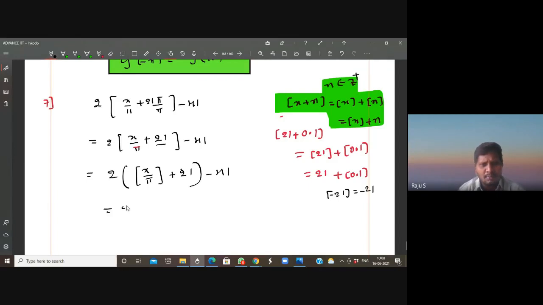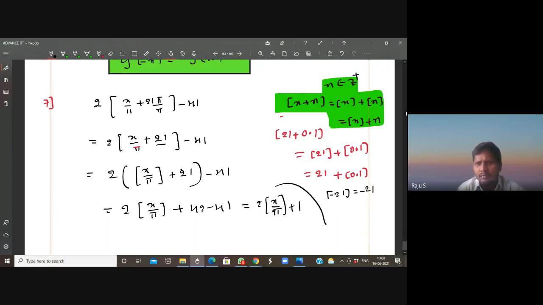So now you can multiply: 2 times the greatest integer of x by pi plus 2 into 21, that is 42, minus 41. So this is equal to 2 times the greatest integer of x by pi plus 1. Finally, we got it.